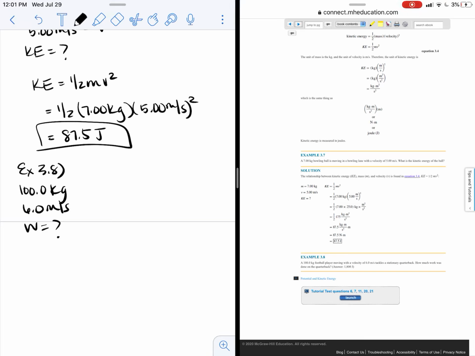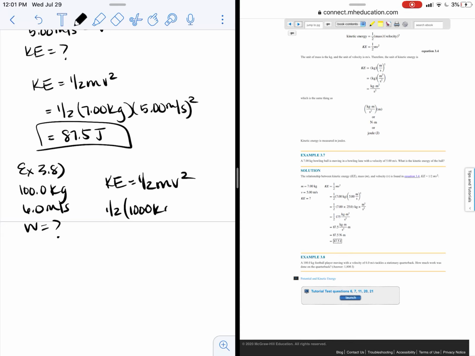Remember how I said work and potential energy were interchangeable? Well, it is with kinetic energy too. Whenever it says work, you can still just use kinetic energy. If something is moving, see how it says the football player is moving with a velocity, then you're going to want to use kinetic energy.